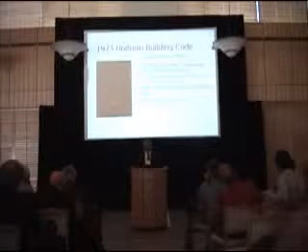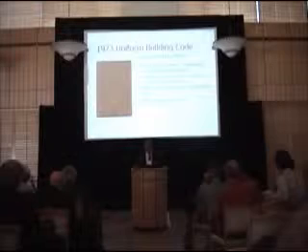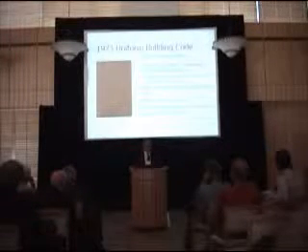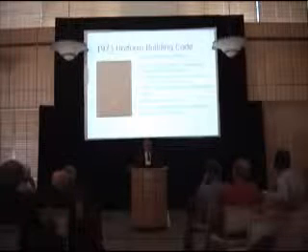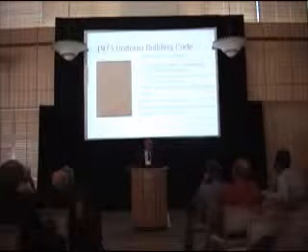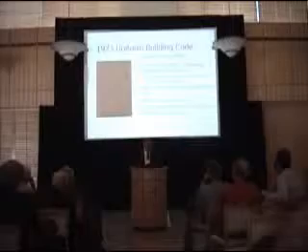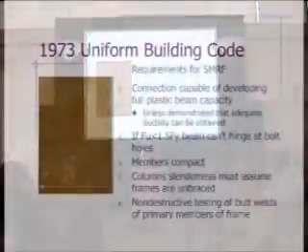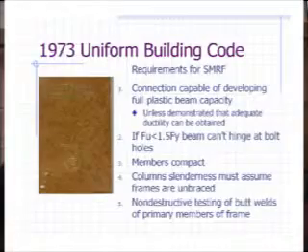The third one was that the members had to be compact. The fourth one is that when you're evaluating the slenderness of columns, you couldn't assume that the columns were braced by other columns in the building. You have to consider that was an unbraced frame. And the fifth one was that you had to do non-destructive testing of butt welds of primary members of the frame. And that was it.